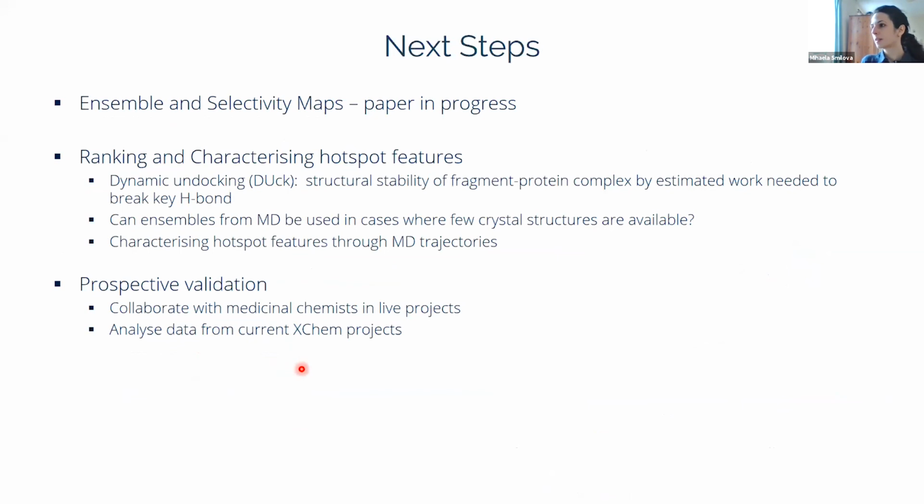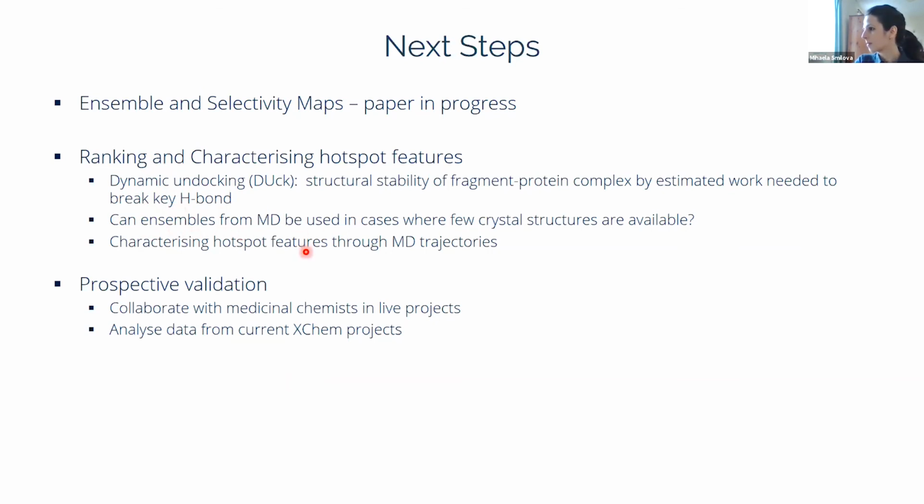So in terms of next steps, the ensemble and selectivity maps are being written up, so there's a publication in progress there. To rank and characterize hotspot features, as mentioned, I have been looking into using dynamic undocking to assess the structural stability of fragment protein complexes.